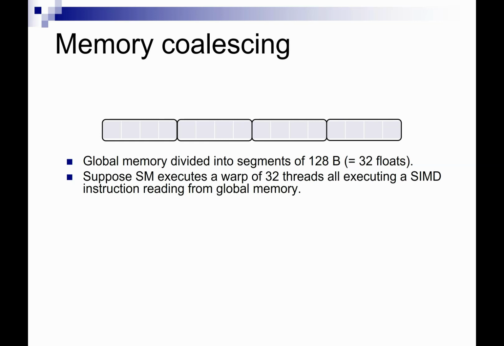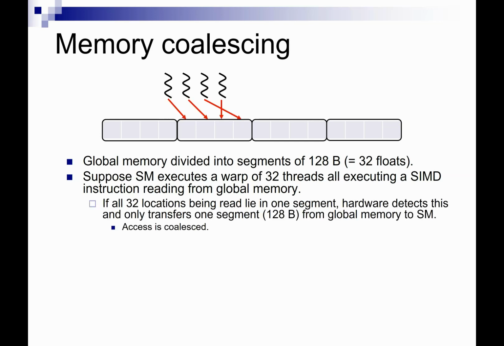Now suppose an SM has 32 cores, and these 32 cores are doing a warp of 32 threads, one thread per core. So this SM is doing a warp of 32 threads, and they're all executing a SIMD instruction, and let's say this instruction is to read from global memory. Let's look at where these threads are reading. The global memory is divided into these segments of 32 values.